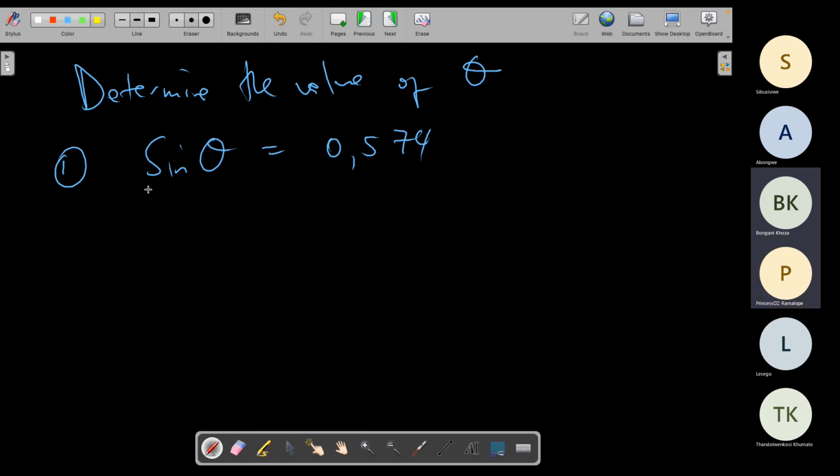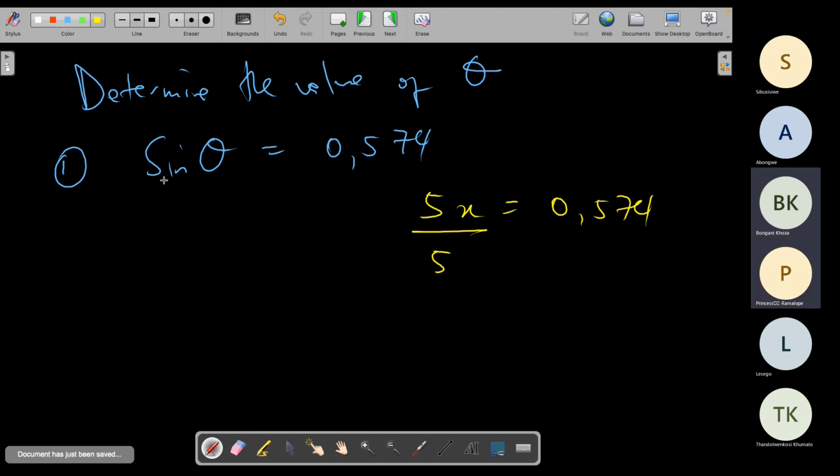If this was just 5x equals 0.574, and you were looking for x, you would just divide by 5, right? In trigonometry, we cannot divide by sine like that.